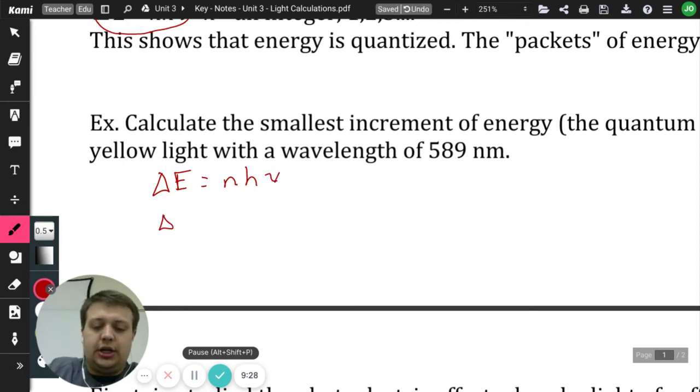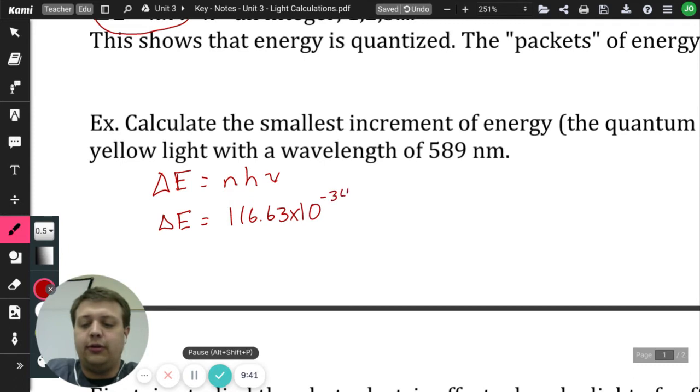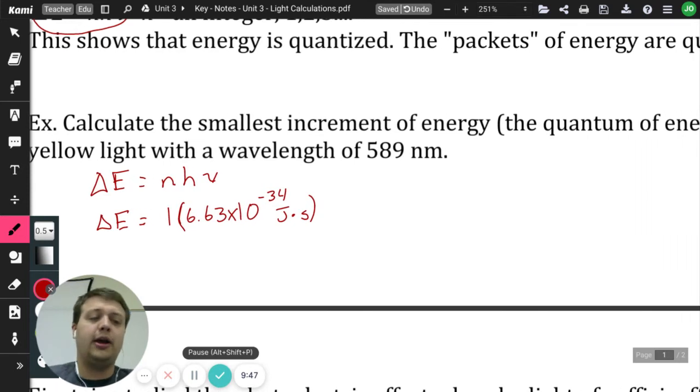So my change in energy equals my integer. Well, we wanted the least, right? The smallest, so 1, times Planck's constant, 6.63 times 10 to the negative 34th joule seconds. And then I'm looking for my frequency.